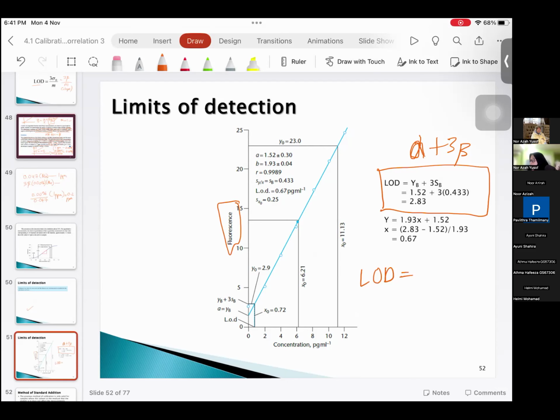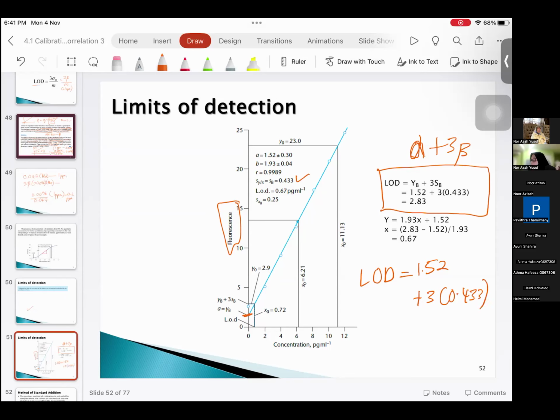So we look at Y beta, where's the reading? 1.52, which is around here. So 1.52 plus 3 beta. You have to calculate the standard deviation, but it has been calculated for you, which is here.